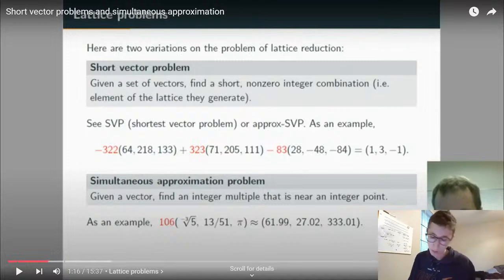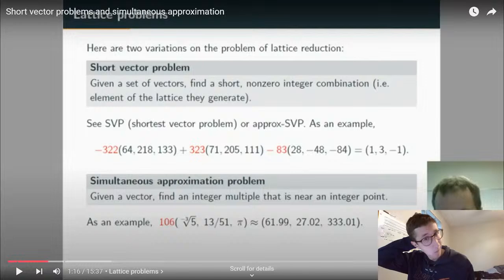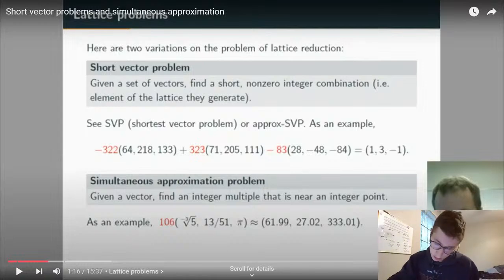Okay. So it says the shortest vector here is 1, 3, -1. Let's do the other example, the simultaneous approximation example.